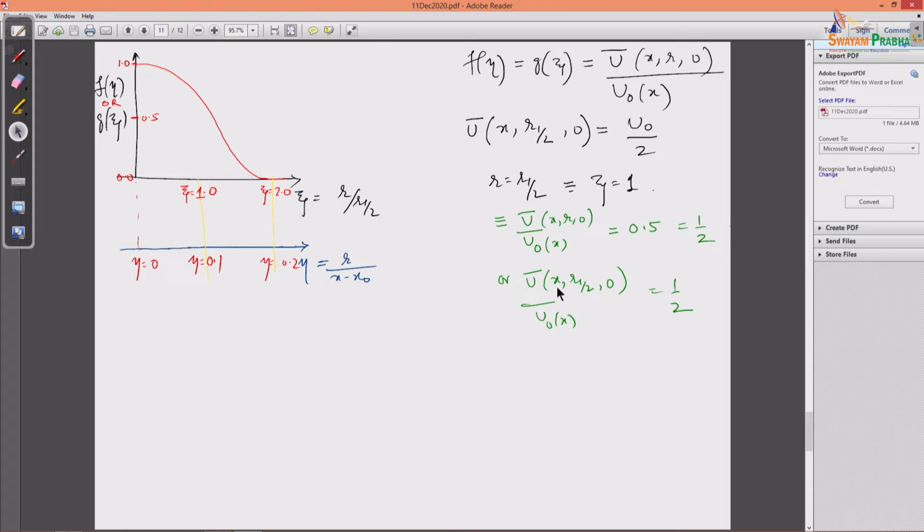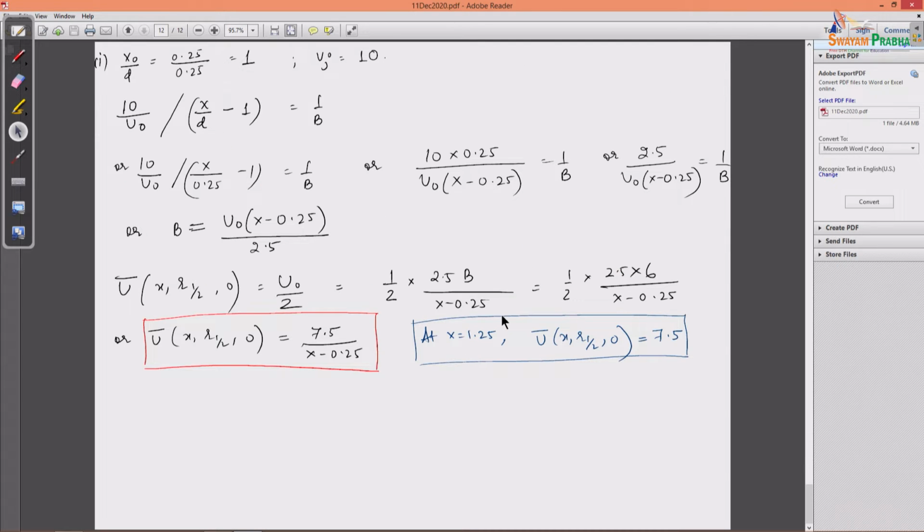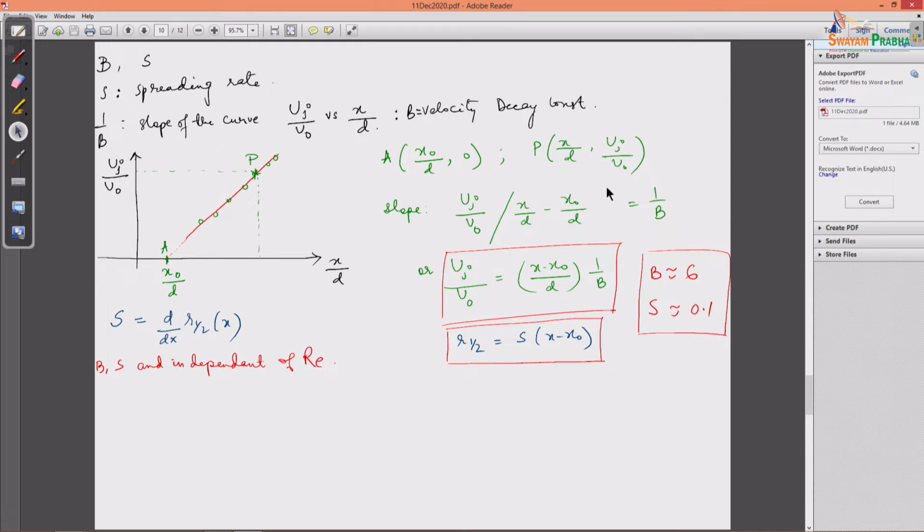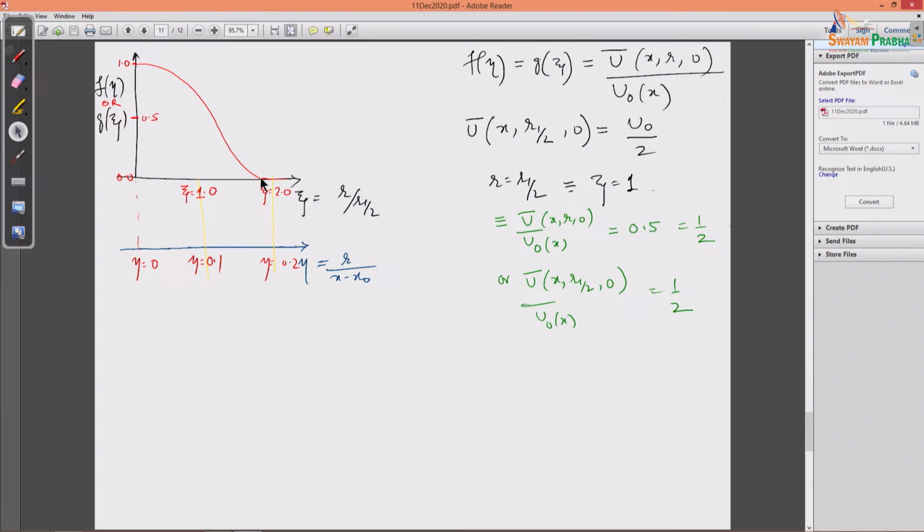Using these definitions, we took B as 6 and S as 0.1, and looked at these plots. So U mean at R half, as a fraction of the center line velocity, is equal to half.